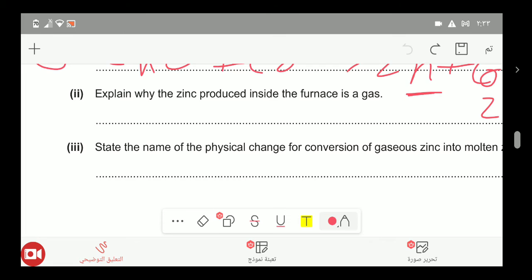Let's move to the next question to know what the examiner wants from us. Explain why the zinc produced inside the furnace is a gas.